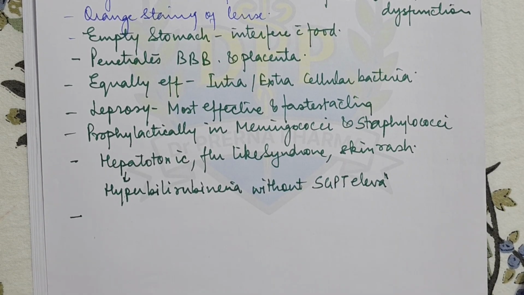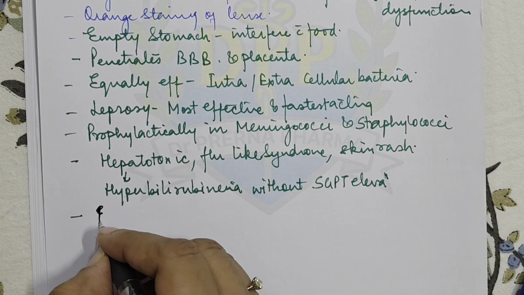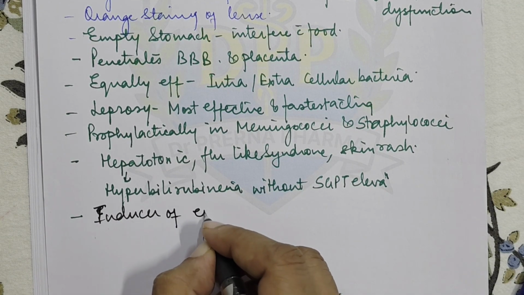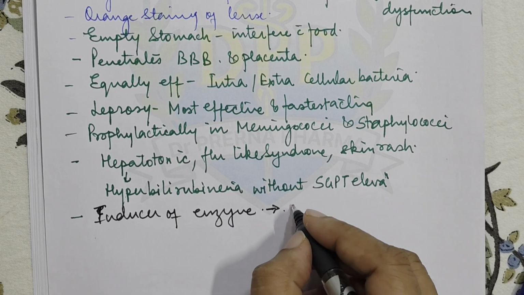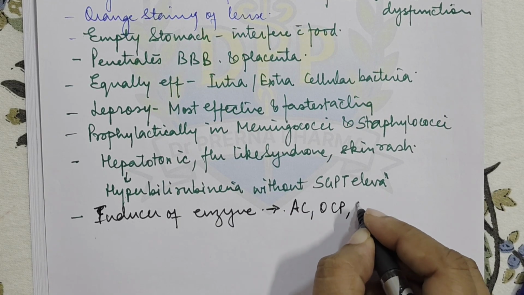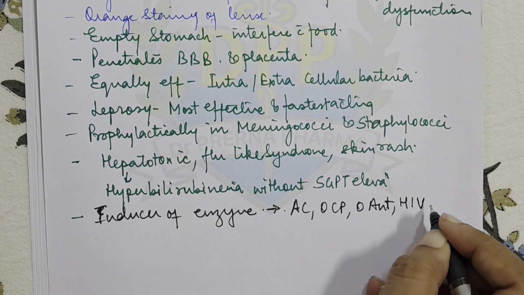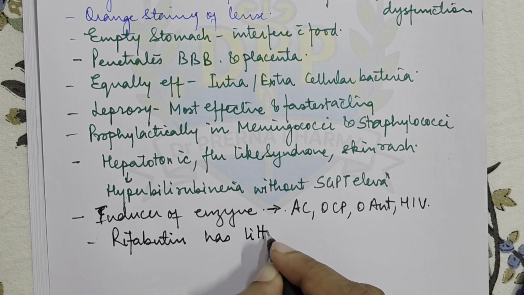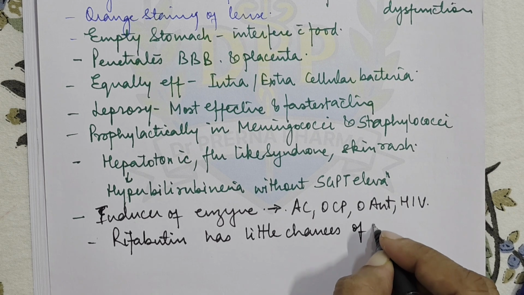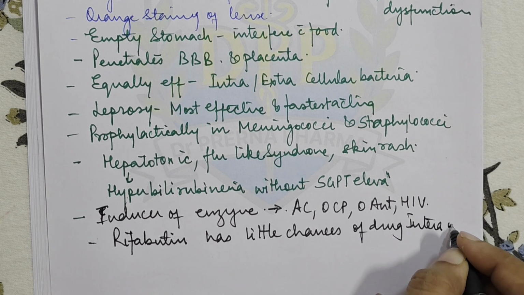Then another very important thing about rifampicin, it is an inducer of enzymes. Okay. So this drug can have a lot of interactions with the anticonvulsants or OCPs, as I told you, oral anticoagulants and HIV drugs also. Rifabutin has little chances of drug interaction. Okay.